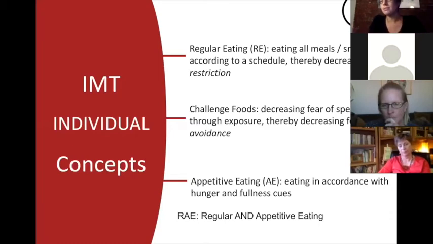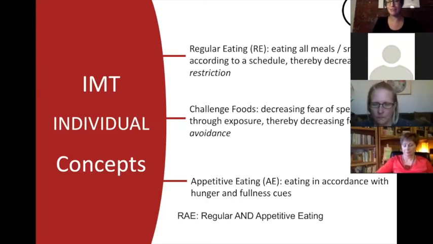So in the CBT-E manual, it says in bold, and I think it's underlined and in italics, do not teach patients to eat according to hunger cues, which is fine in the first stages of treatment, and I don't think you necessarily should. But then there's all this research that shows that eating according to hunger and fullness cues is actually rather helpful, as it turns out. And so it has to be the case that you can eat regularly and appetitively.